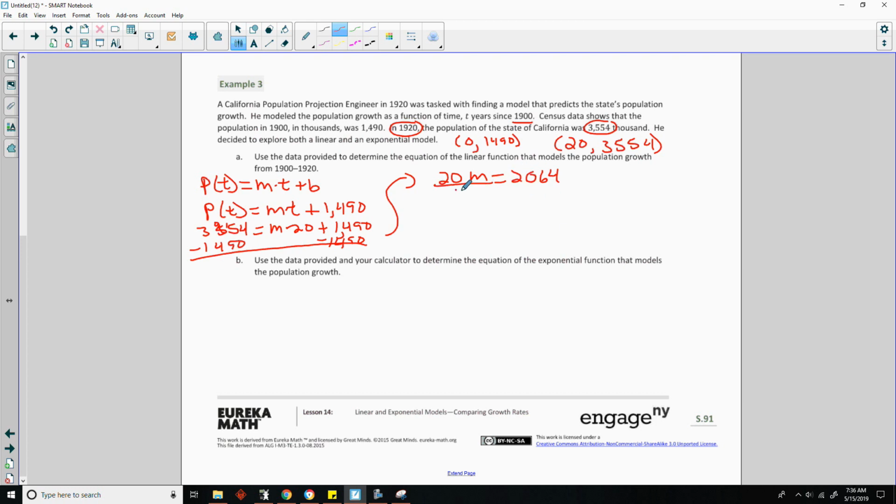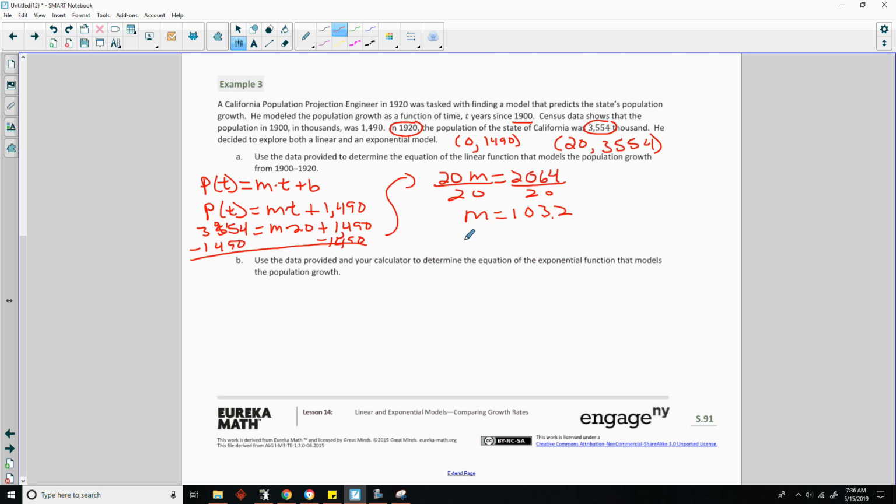Divide both sides by 20, and I get m equals, well, if I divide it by 2, that'd be 1032, and then dividing it by 20 moves the decimal over one place. So my m is 103.2.